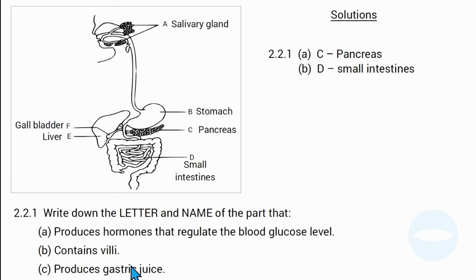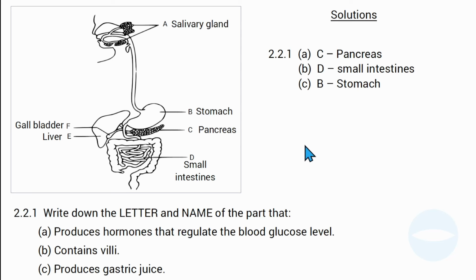We have to name the letter and the part. I said the stomach is responsible for producing the gastric juice. So the answer is B, the stomach. These are the answers that are needed in this question.